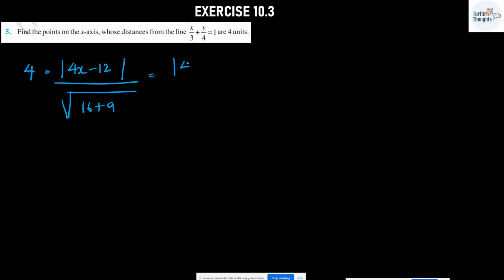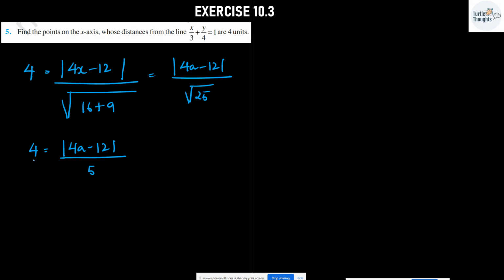I will be getting this as 4x minus 12 divided by root of 25. 4 is going to be equal to 4x minus 12 divided by 5. This is going to be the equation I'm getting.